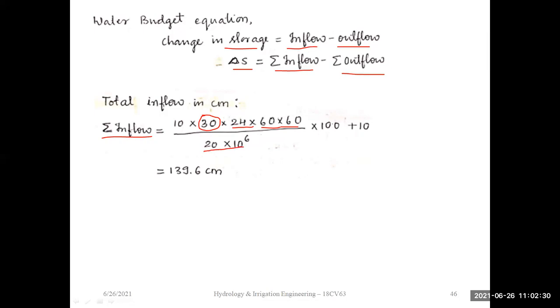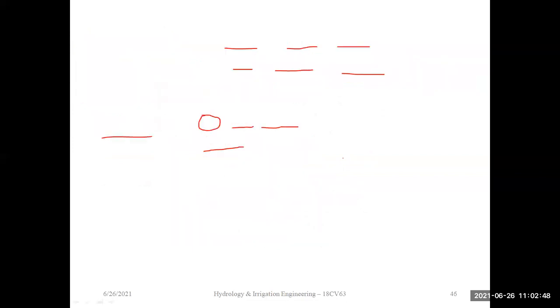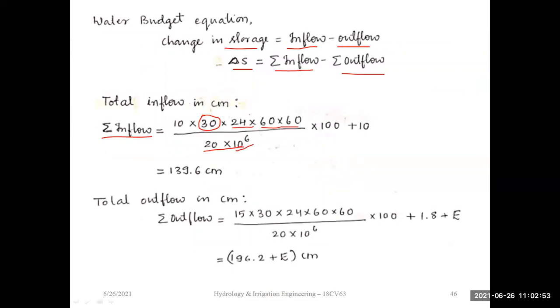Rainfall is given in terms of depth, the monthly rainfall is 10 centimeter, so we are converting this mean inflow also into centimeter. We divided by area, eliminated the second, multiplied by the number of days, that is 30, and converted from meter to centimeter by multiplying by 100.